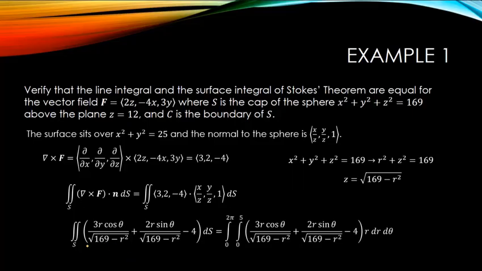So that I get the double integral over S of the quantity 3r cosine theta over the square root of 169 minus r squared plus 2r sine theta over the square root of 169 minus r squared minus 4 dS becomes the iterated integral from 0 to 2 pi of the integral from 0 to 5 of the quantity 3r cosine theta over the square root of 169 minus r squared plus 2r sine theta over the square root of 169 minus r squared minus 4 r dr d theta.